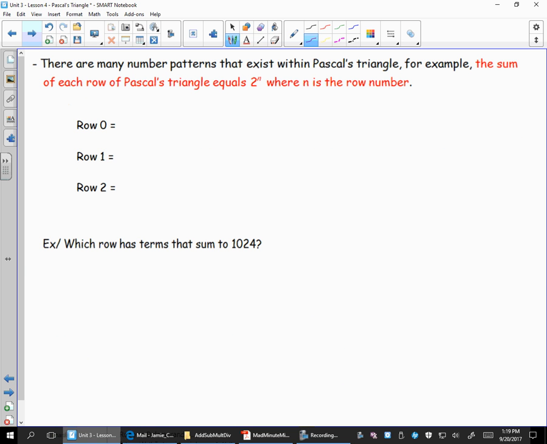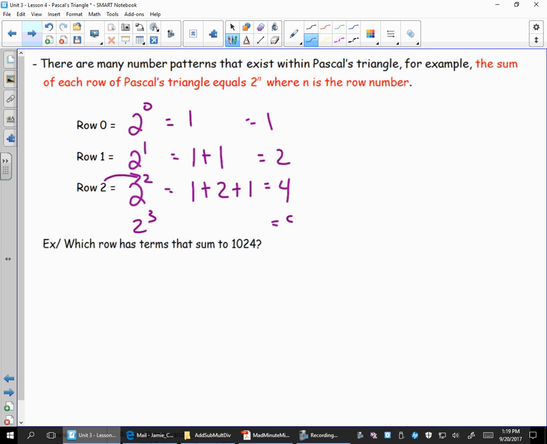So row 0 is 2 to the 0, or 1. Row 1 is 1 plus 1, which is 2 to the 1. Row 2 is 2 to the 2. That's your row number, okay? And we had 1 plus 2 plus 1, which is 4. Just guessing, if I tried row 3, it should come out to 2 to the 3, or in other words, 8. If we look at row 3, 1, 3, 3, 1, that does indeed add up to 8.